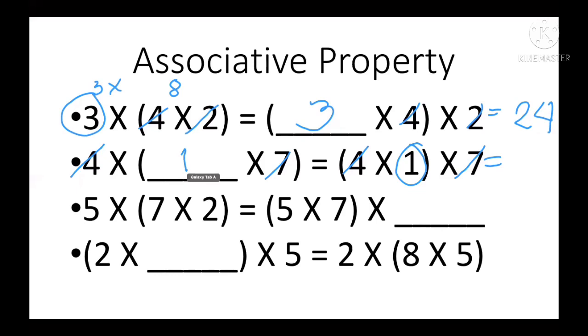Now, what is 4 times 1 times 7? Very good. That is 28. How about the third number? The third one, 5 times 7 times 2. 5 times 7 times blank.